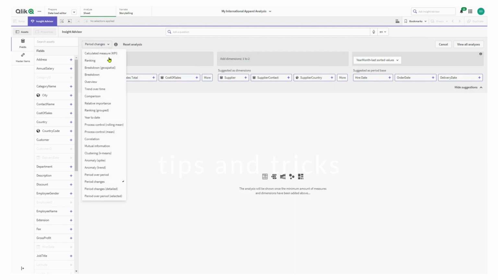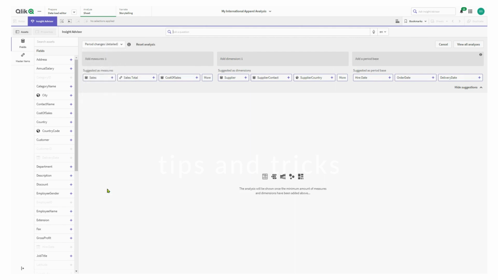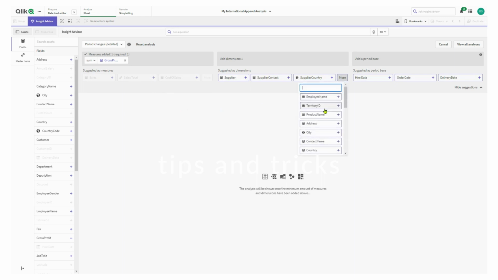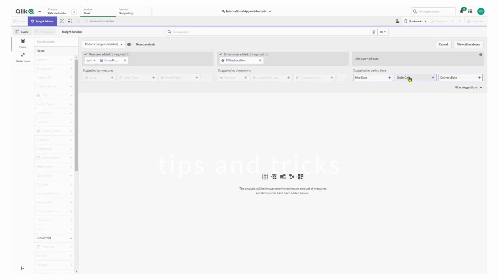This period changes now becomes the detailed analysis of the same kind of thing. This time we're going to look at gross profit, and we'll analyze a dimension there around the office location, and we're going to look at order date once again.